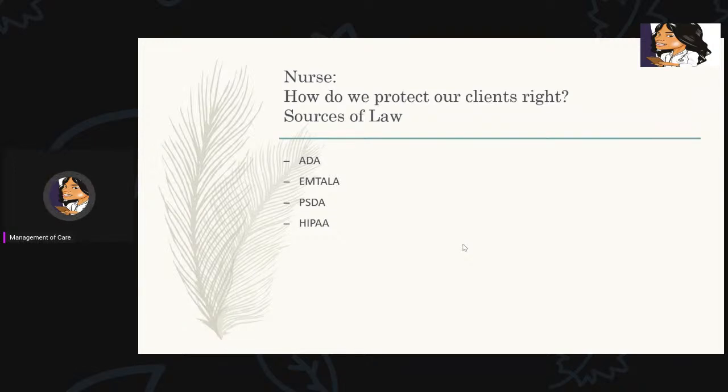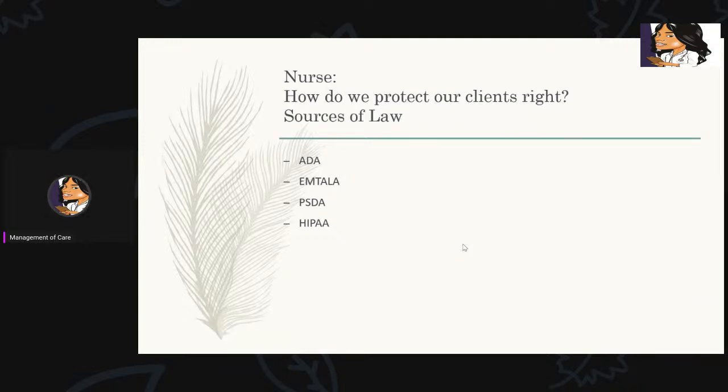So you have to watch what you document. And then slander, saying things about a coworker, saying things about a physician that are not true, slander. So these are all considered quasi-intentional torts.